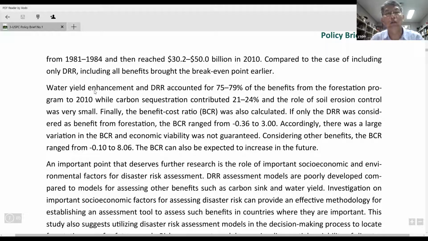So I again stress the benefits of water yield enhancement after reforestation in Korea, but it will be much higher in Tajikistan, in dry area. Again, in your country, water resources will be very, very important, and water yield enhancement proportion will be much higher after reforestation if you calculate the benefit of water yield enhancement. That's my guess, okay, my understanding.